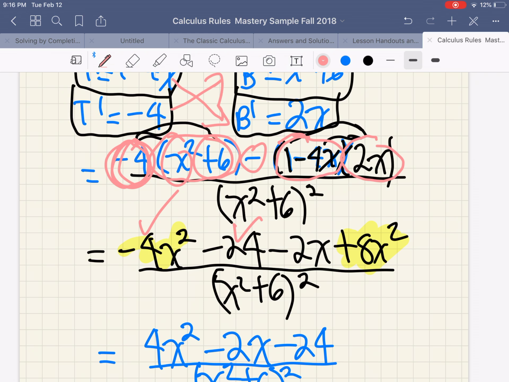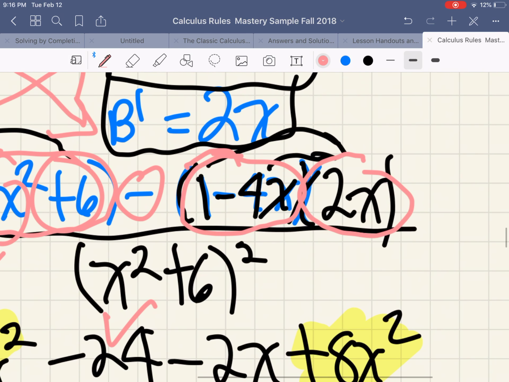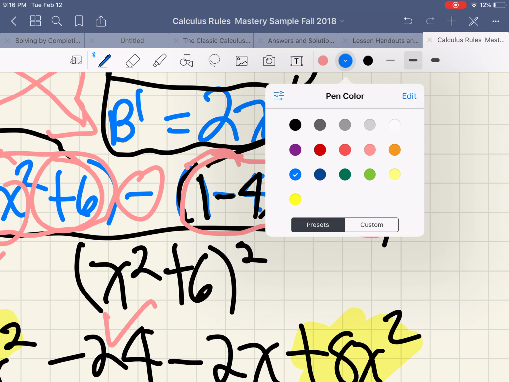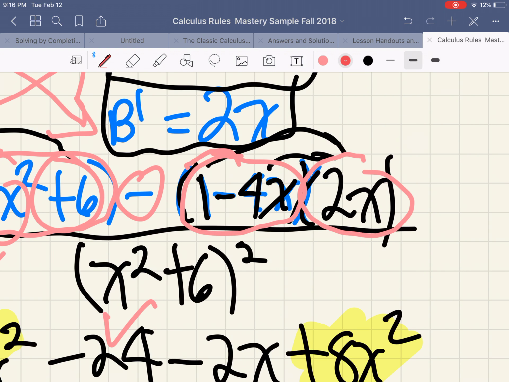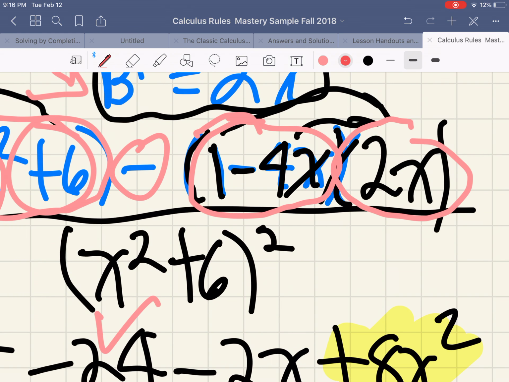Now, here's a part that we probably should chat about. And I think to do this, what we should do is take a look at what happens when I have a negative here, followed by a set of brackets, a binomial. So 1 minus 4x, two terms inside here. So what the negative does, if I'm multiplying the negative, all it does is change the signs.